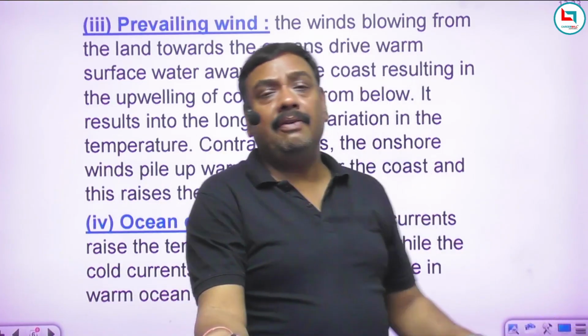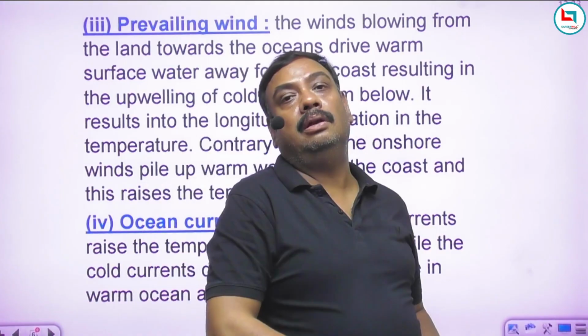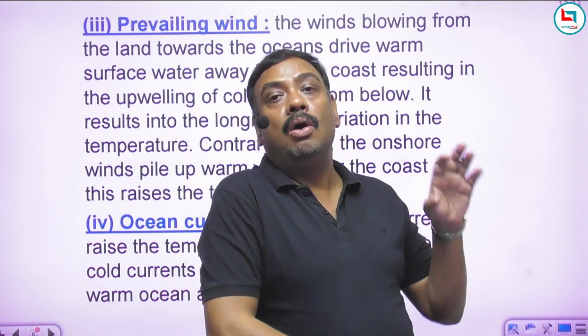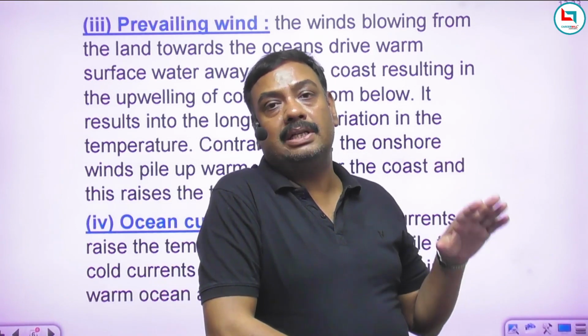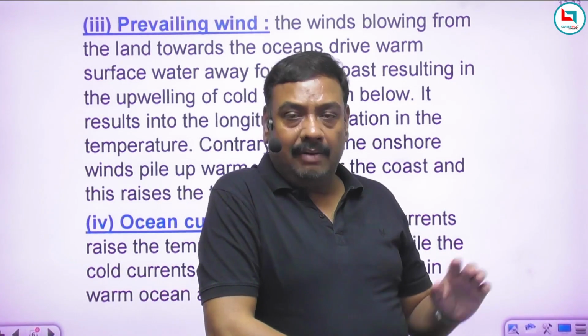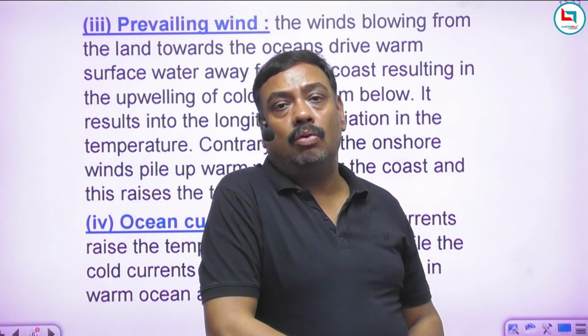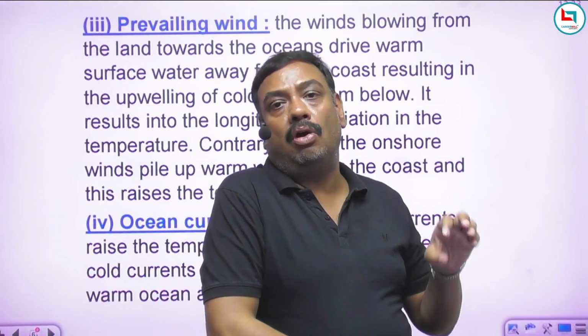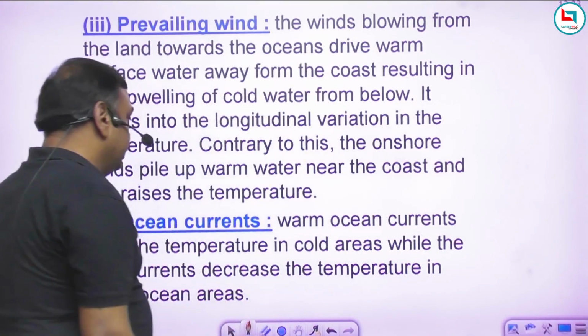So obviously, if a warm current is moving in a region or along the coast, you can find more temperature of the surface water there. Wherever the cold currents are flowing along the coast, you can say that there is less temperature or cool temperature of ocean surface water. So in that way ocean currents are affecting temperature.